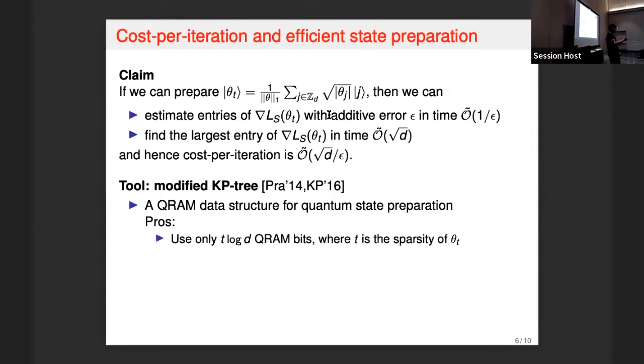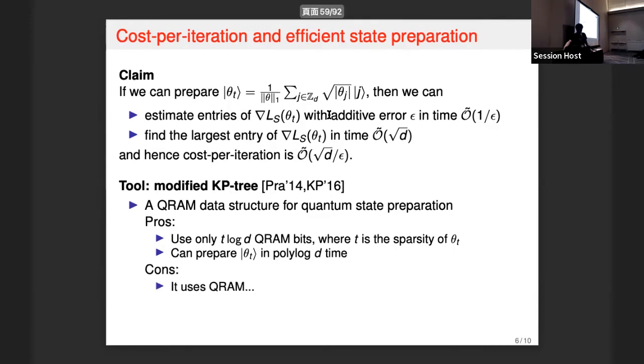First of all, if your seed is quite sparse, then you don't really need too many QRAM bits to control this type of data structure. And the second is, if you have this data structure, it helps you to prepare the quantum state ket theta t in only O tilde 1 time. So it's quite efficient. But there is also a downside for this data structure, that is you use QRAM. But the good thing here is we don't really need too much of that, so it's relatively okay.